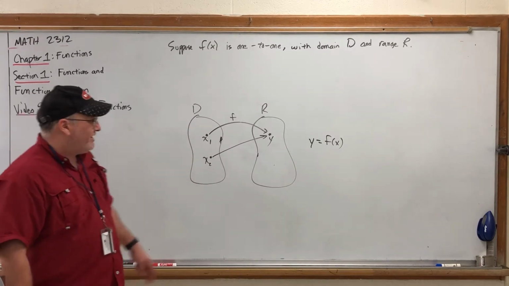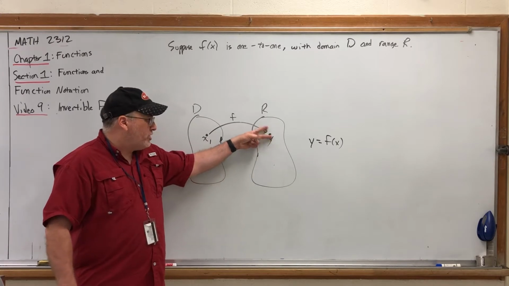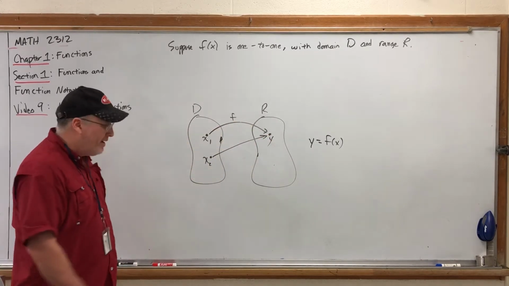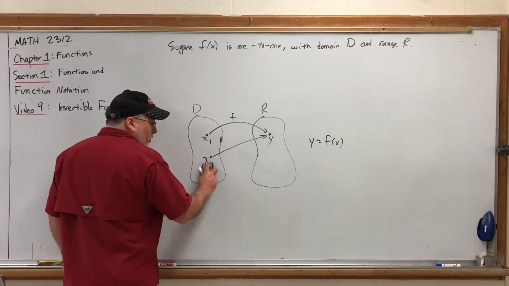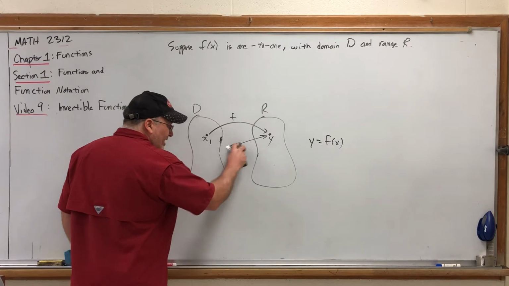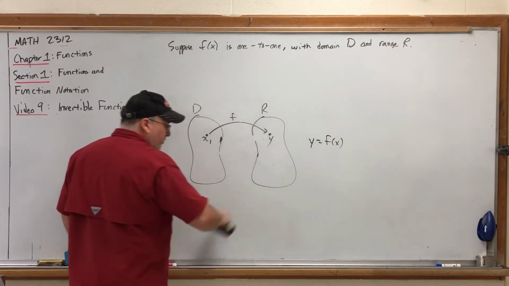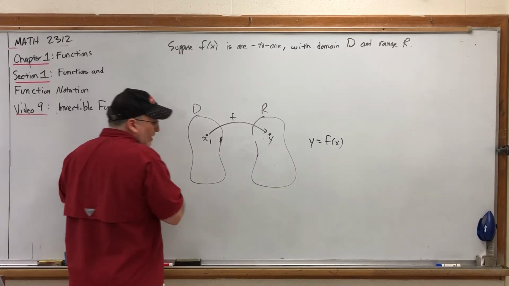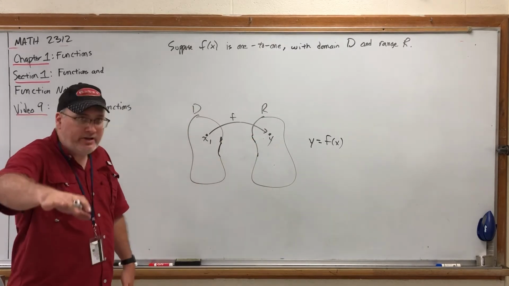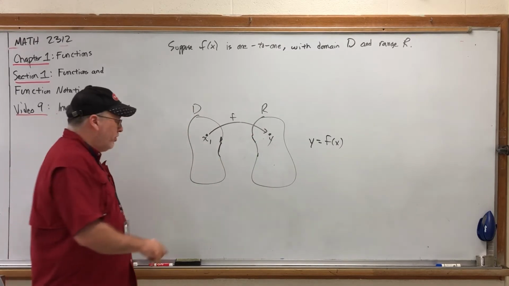1 to 1 says if your outputs are equal, so are your inputs. And in this picture, we have 2 different inputs with the same output. So if you're a 1 to 1 function, that means if you're in the range and you have a domain element pointing to you, that is the only domain element pointing to you.